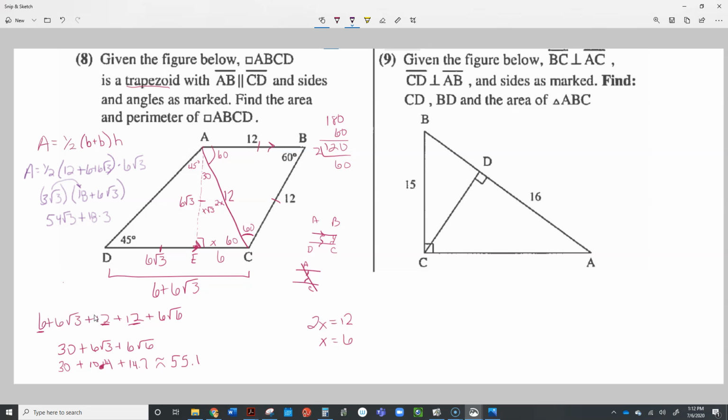So 18 times 3 is 54. So 54 plus 54 square roots of 3. That is the area. And this was the perimeter. And I believe that's what the answer key showed.